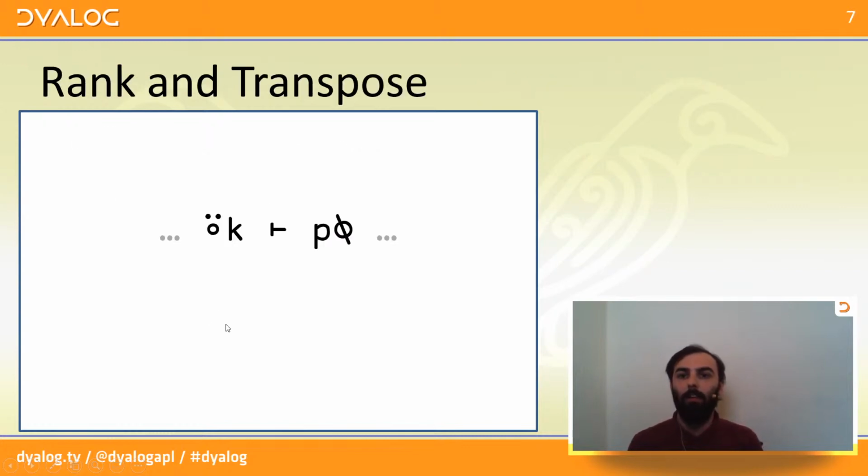Today, we're going to be looking at the rank operator and its relationship to dyadic transpose, especially in contrast to a couple of constructs which use the bracket axis operator construct. I think, as I've mentioned before, bracket axis, despite being in APL quite early on, is not a standard operator.